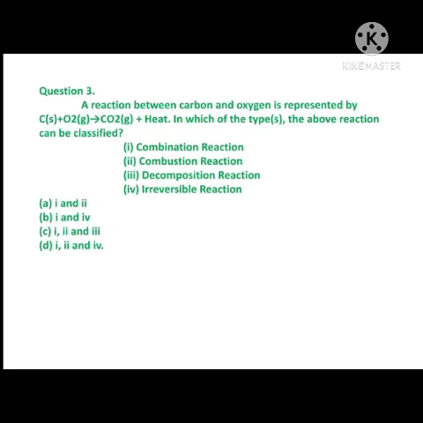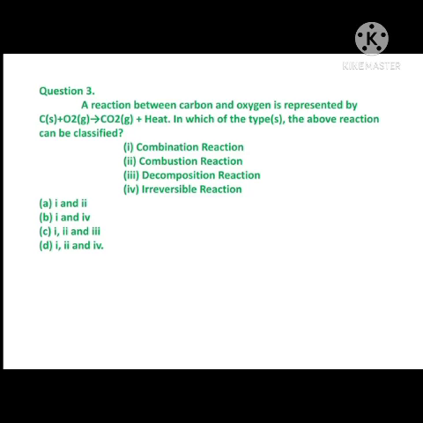Third question: a reaction between carbon and oxygen is represented by C plus O2 gives CO2 plus heat. In which type can the above reaction be classified? Here carbon plus oxygen gives carbon dioxide, so that is a combination reaction.